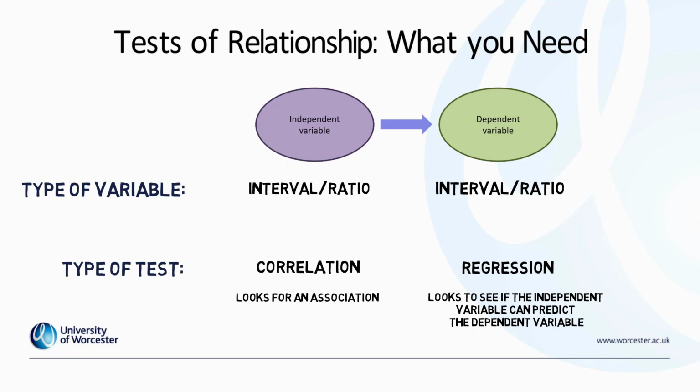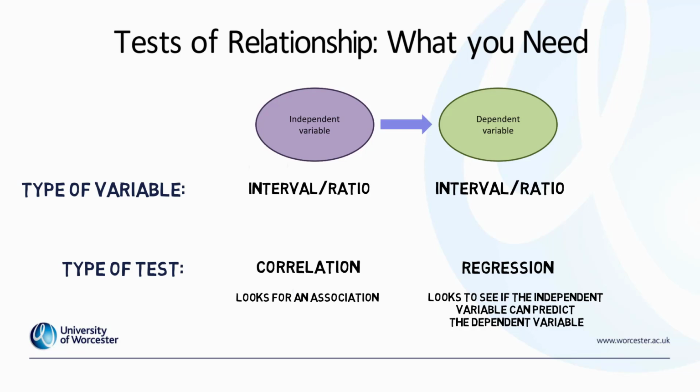Whilst the most common forms of tests of relationship are standard multiple regression and correlation, it is also possible to do less used methods of regression which have a binary two-option dependent variable to see if a scale can predict a binary option.